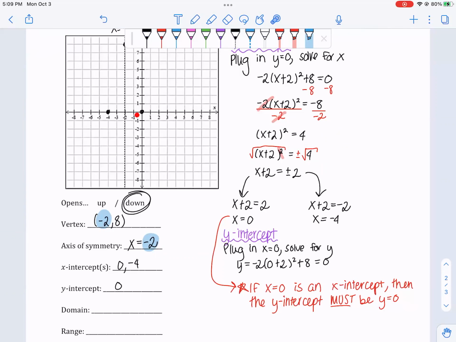So this is a necessity because this is the point (0, 0). So if x equals 0 is an x-intercept, that's also, by definition, going to be the y-intercept.